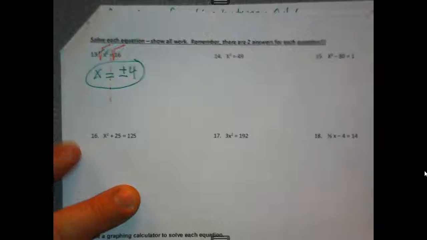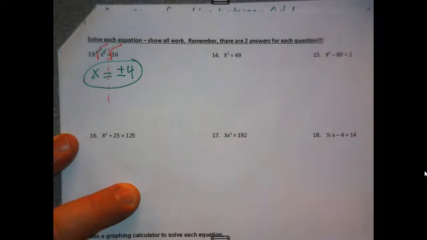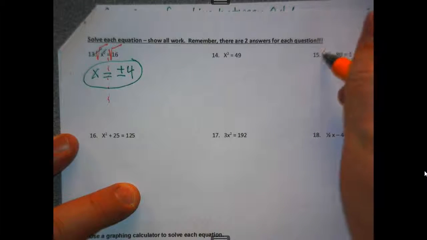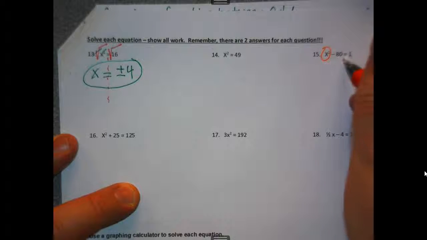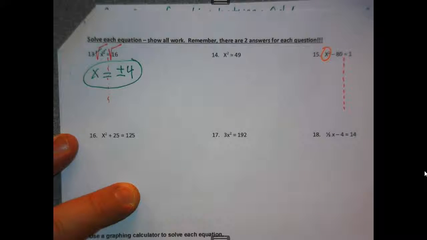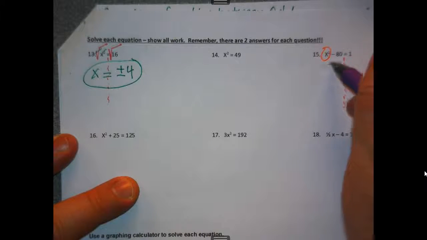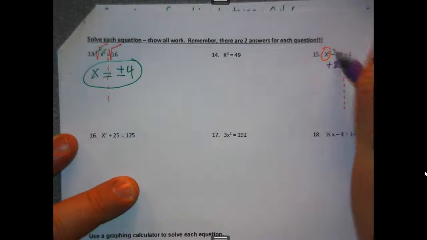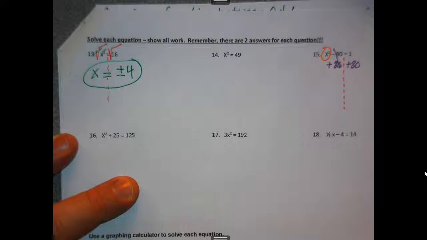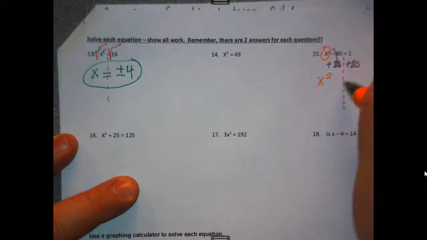Number 15. I have to get the x squared term by itself first. So I'm going to add 80 to both sides. And I get x squared equals 1 plus 80 is 81.